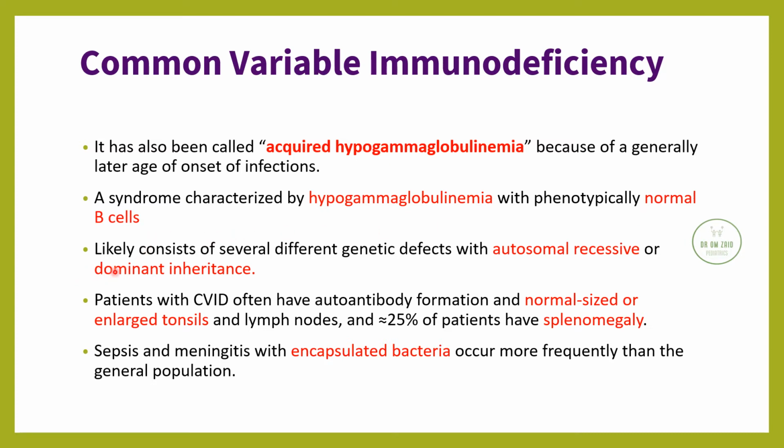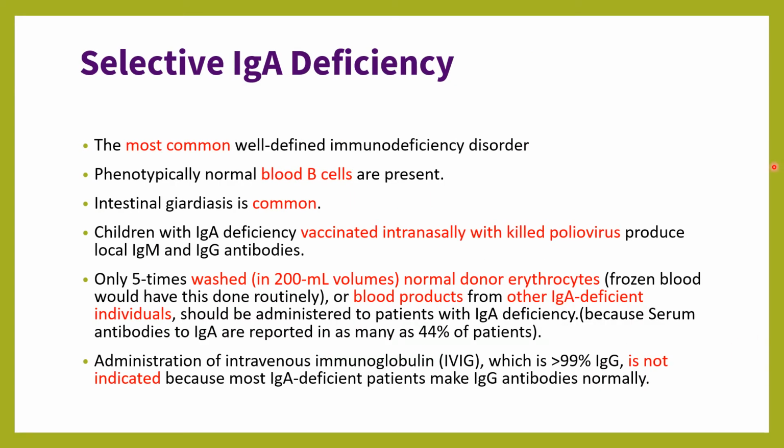Okay, it likely consists of several different genetic defects with autosomal recessive or autosomal dominant inheritance. Patients with this condition have autoantibody formation and normal-sized or enlarged tonsils and lymph nodes. Almost 25% of patients have splenomegaly. Sepsis and meningitis with encapsulated bacteria occur more frequently than in the general population. So this is the information about that.